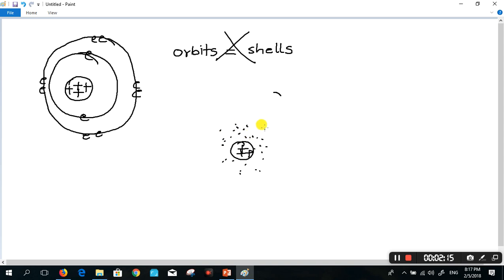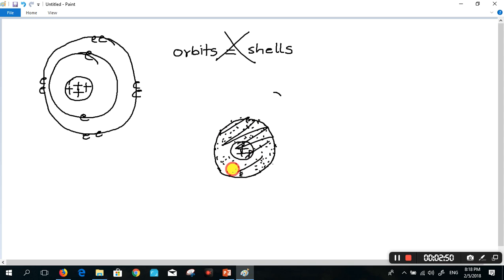What I will find is that if I superimpose all these plots, I will create this plot, which will show that this electron is restricted to a particular region around the nucleus, and this region may have a particular shape. So for example, I may find that it's restricting its movement mostly to a spherical region around the nucleus.